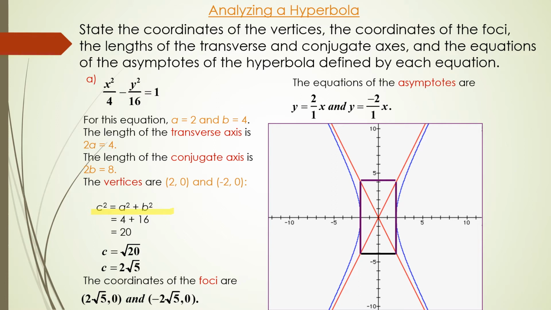Coordinates of the vertices? Check. Coordinates of our foci? Done. So we need to answer in sentence form. The coordinates of the foci are. Right? We also have the lengths of our transverse and conjugate axis. For emphasis, you have to put units. Okay?